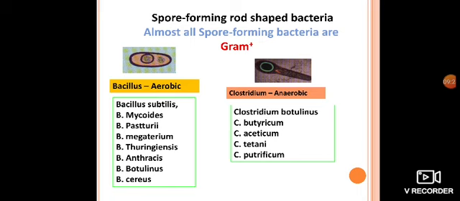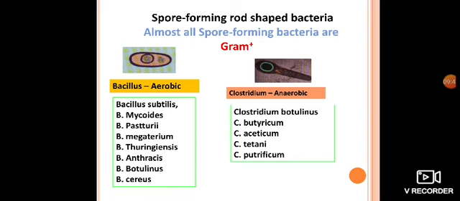Rod shape and bacilli are considered as one point, the shape is rod shape, so it is bacillus. Those are the two points considered here.